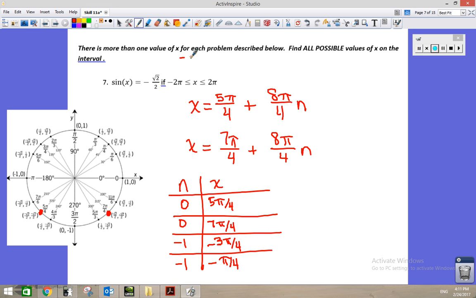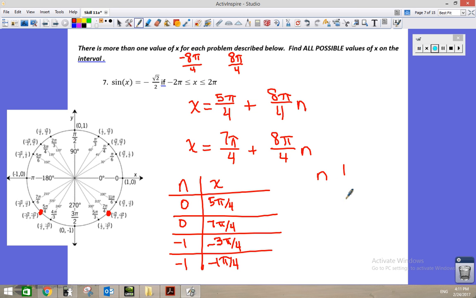Let's look at negative 2 pi as negative 8 pi divided by 4, and positive 2 pi as positive 8 pi divided by 4. So if I look at negative 8 and positive 8, all of these numbers are between negative 8 and positive 8.